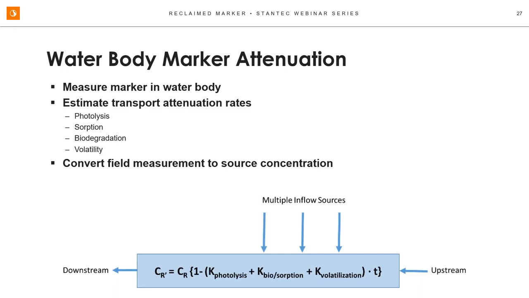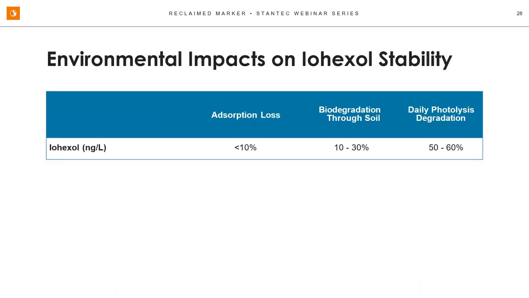And unfortunately, iohexol is susceptible to photodegradation and some biodegradation. It doesn't seem to be an absorbable compound, which makes sense based on its chemical structure. It's pretty much non-ionic. And so we went about trying to figure out the fate and transport characteristics of iohexol.